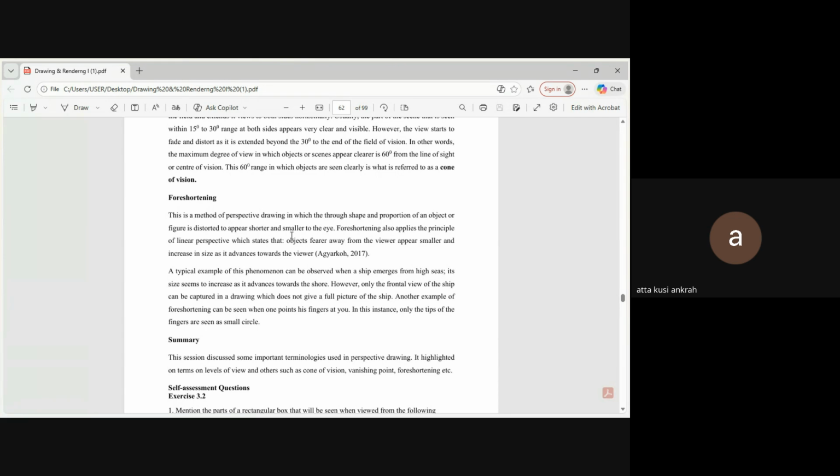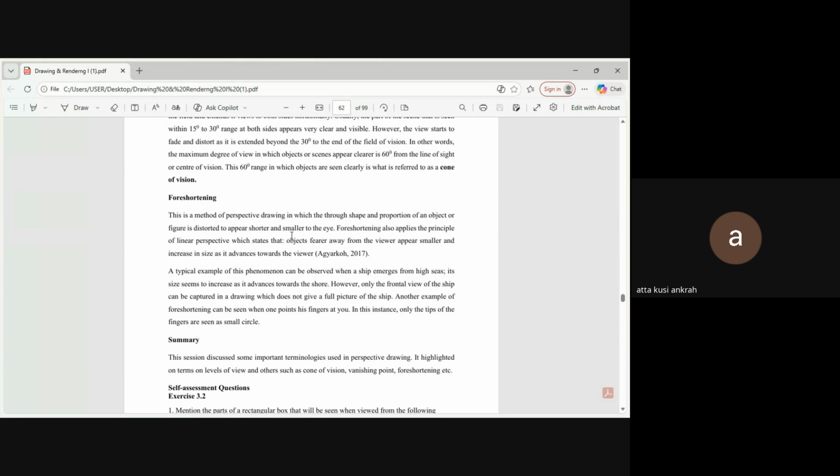Foreshortening applies the principle of linear perspective, which states that objects further away from the viewer appear smaller and increase in size as they advance towards the viewer.